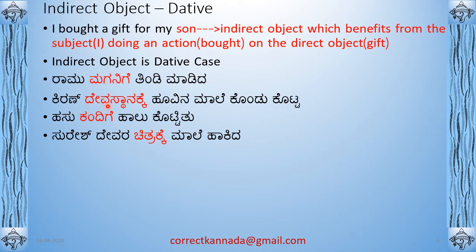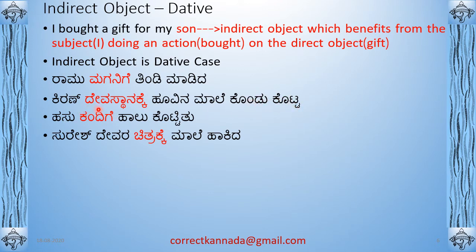Kiran devasthanake huvina male kondu kotta, right? Kiran devasthana, devasthana means temple. For the temple. So Kiran for the temple, huvina male means flower garland. Kondu kotta means bought and gave.